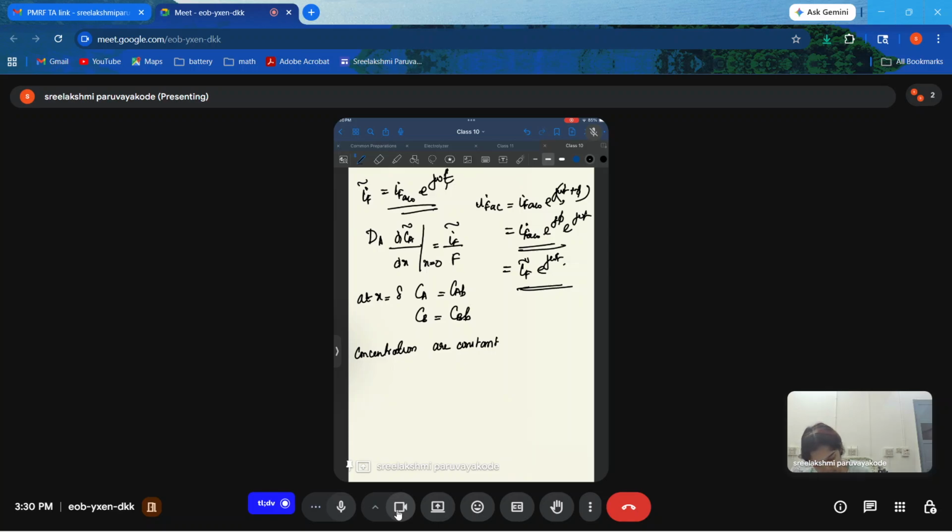They couldn't oscillate. Oscillations are fixed, or I can say it is zero. So this means CA del will be equal to 0.